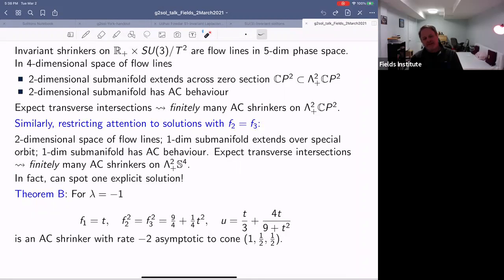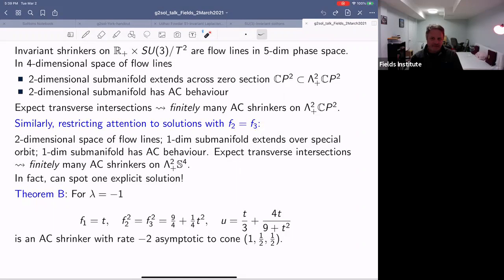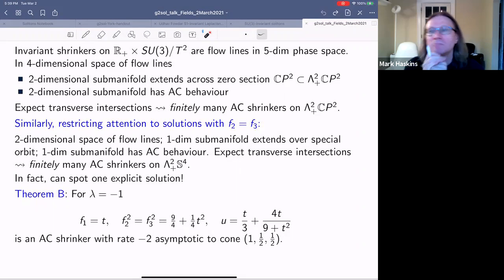I guess what I meant is, there's an SU(3) structure on this CP3. It's not nearly Kähler now, but it was half flat or something like that. Yes, but this tells you what that nearly Kähler structure is.